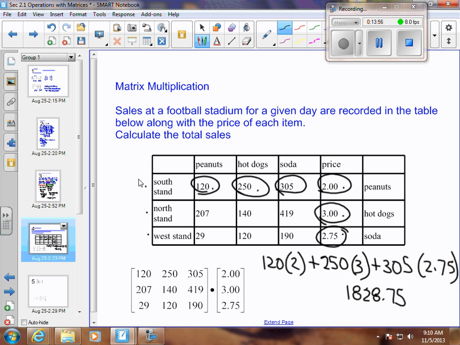So if you notice there, what we're doing is we're multiplying this row by this column, pairing off the elements one by one. Peanuts times the price of peanuts, plus hot dogs times the price of hot dogs, plus sodas times the price of sodas.